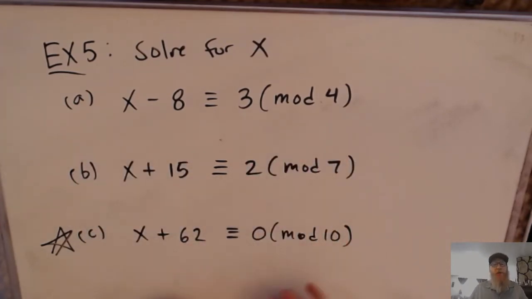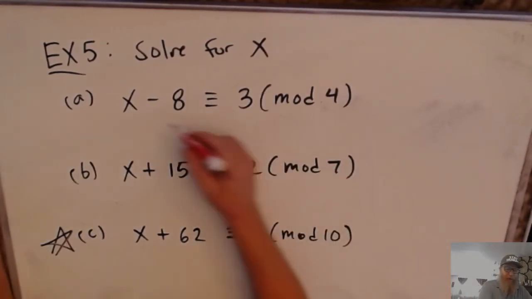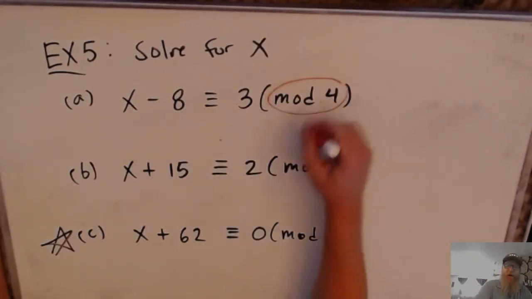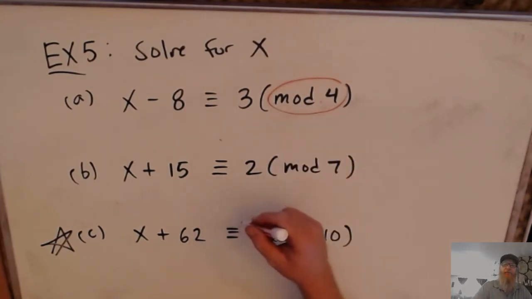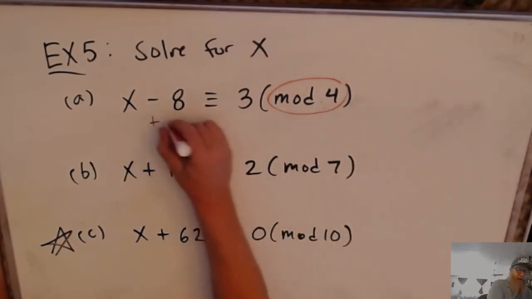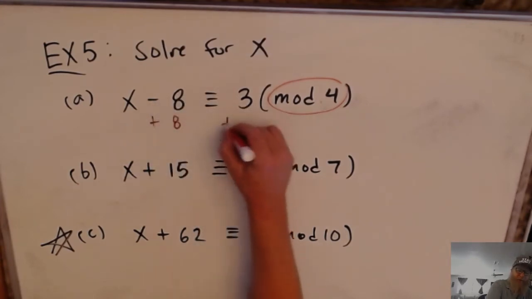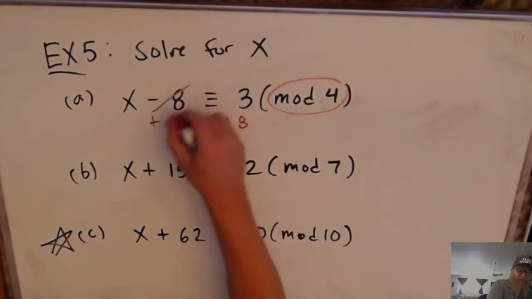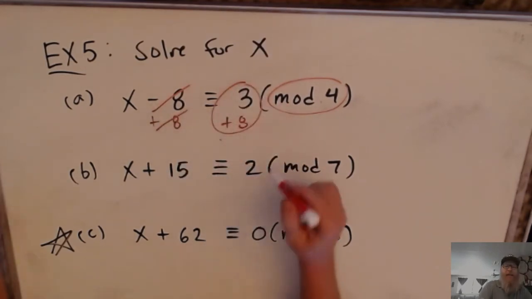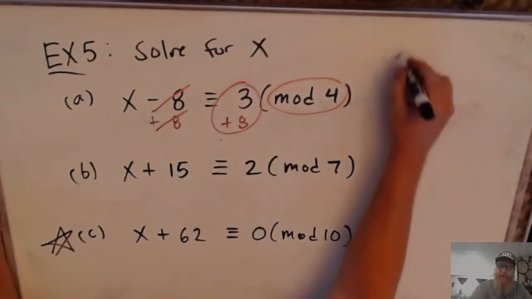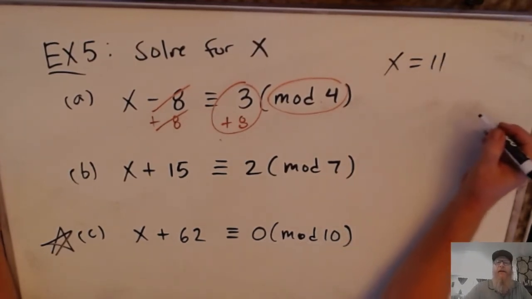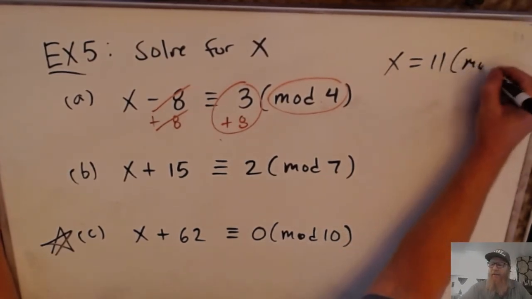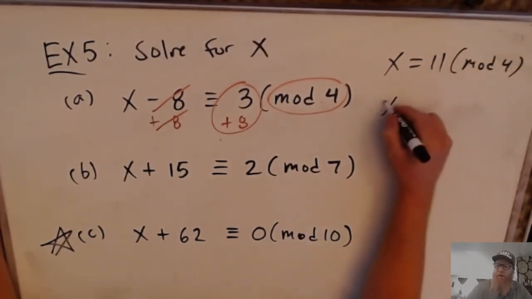So the way you solve a modular equation is exactly the same way you solve an ordinary algebra equation, but you got to keep the modulus in mind. So we're going to go x plus 8, so x minus 8 plus 8, those will cancel out. 3 plus 8 is 11. But what is 11 congruent to mod 4?